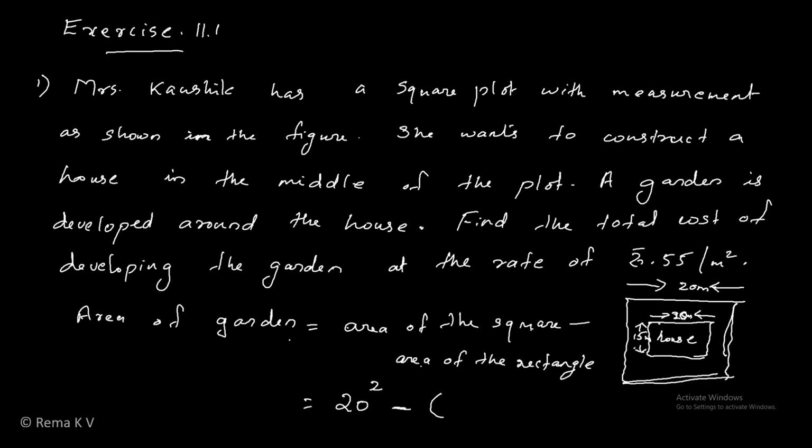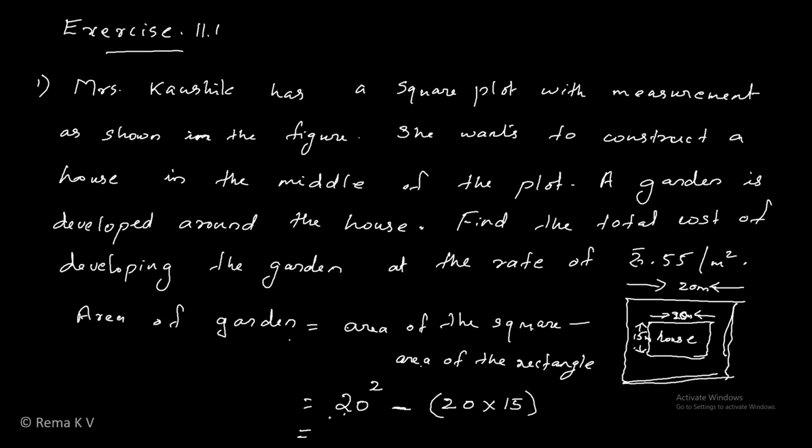See here, the plot inside this is the rectangle and the length is given as 20 meter and the breadth is given as 15 meter. Okay, so you have to find this 20 into 15. Find out the answer and give it.